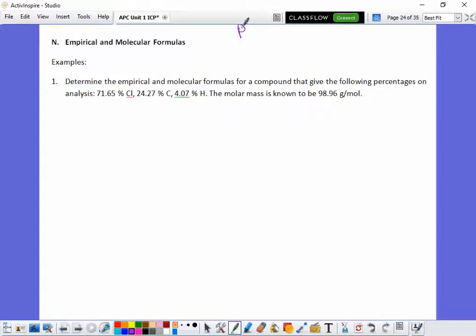It's percent to mass, mass to moles, divide by small, multiply by whole.